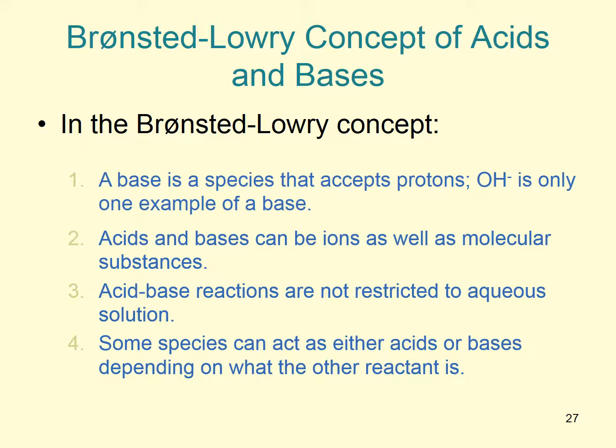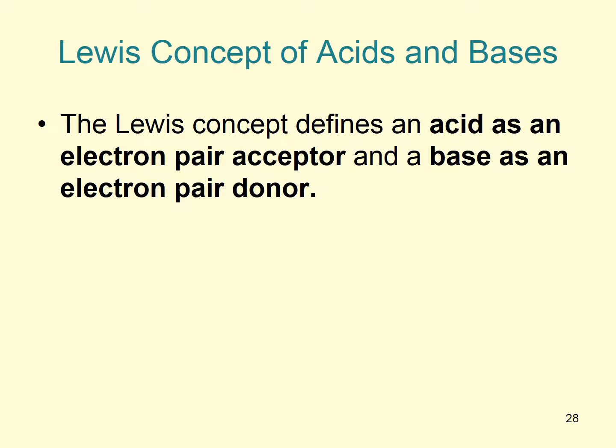We're going to come back and use the Bronsted-Lowry theory some more, but I'm going to introduce one more theory just really briefly. The Lewis concept of acids and bases defines an acid as an electron pair acceptor and a base as an electron pair donor. I know you see that the words are kind of flip-flopped from what we saw before, but notice it's doing something different.